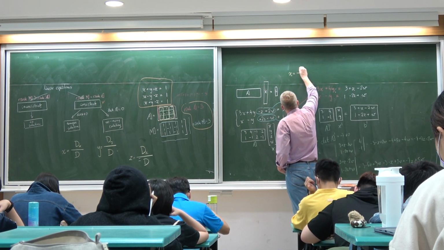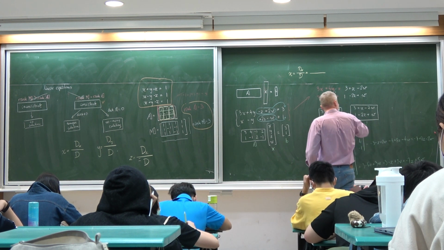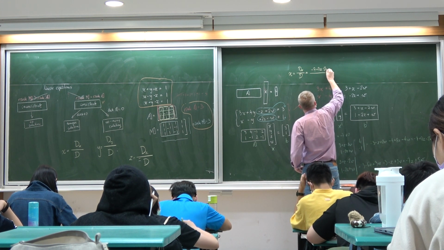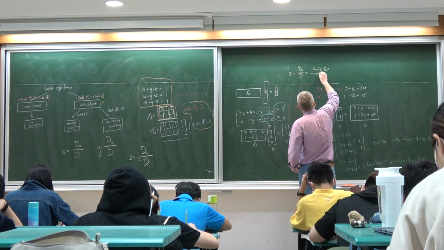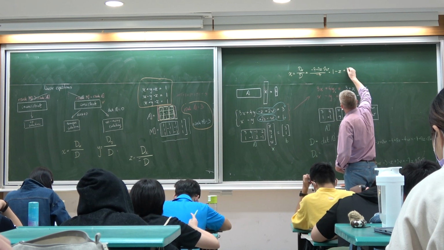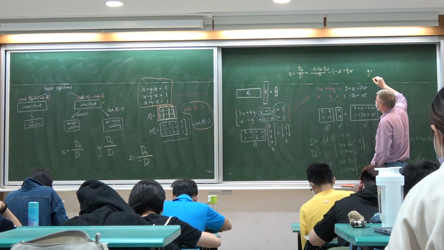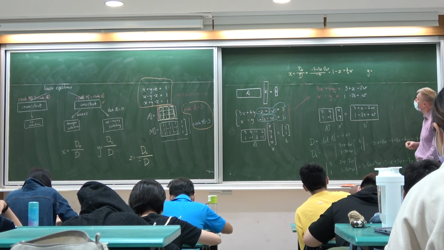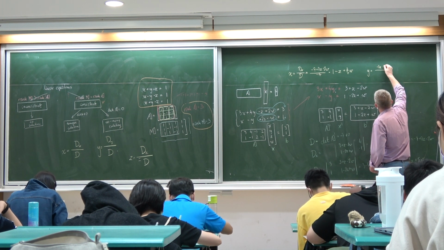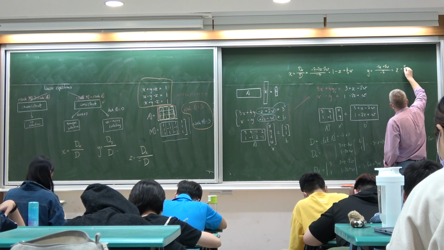X equal dx over d, minus 7 plus 7z minus 2w divided by minus 7, which is 1 minus z plus 2 over 7 w, and y, minus 7z plus 5w divided by minus 7, which is z minus 5 over 7 w.